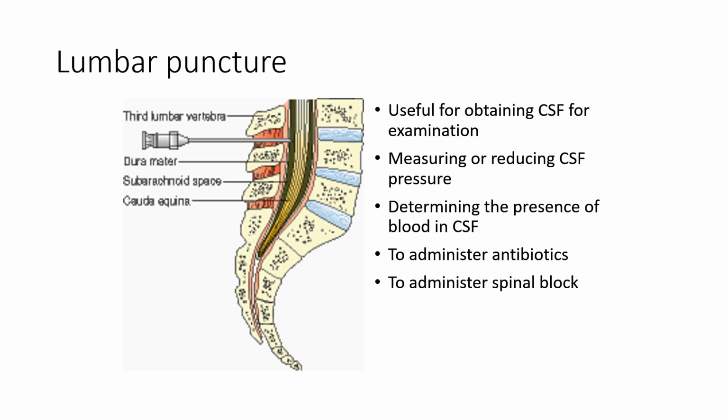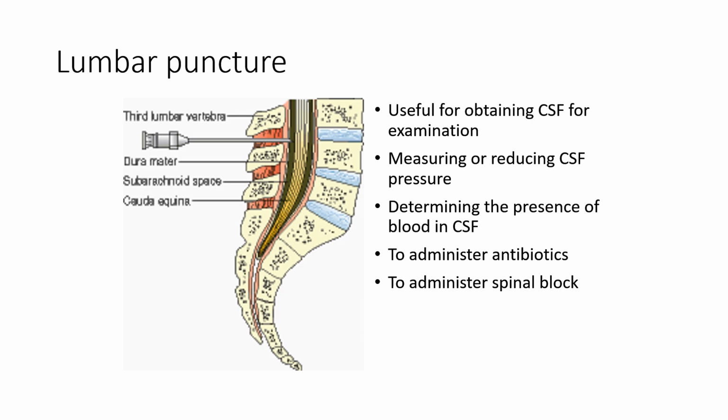If we needed to administer antibiotics straight into the cerebrospinal fluid, such as for encephalitis or meningitis, we could do that during a lumbar puncture. And finally, if we need to administer anesthetics or analgesics to block sensations, like for surgery, for pain control, for childbirth, we can give those kinds of medications during a lumbar puncture.